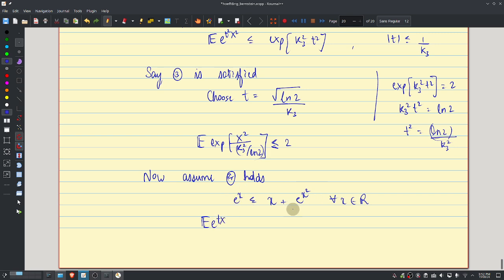So assuming that this is true for all x in R, expected value of e to the power tx is less than or equal to expected value of tx plus expected value of e to the t square x square, right?